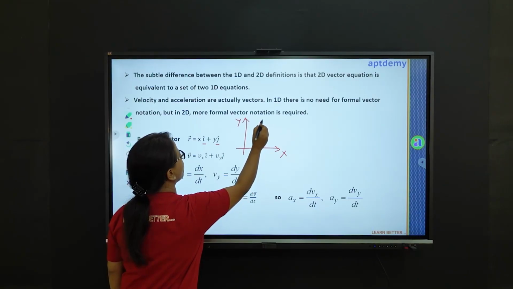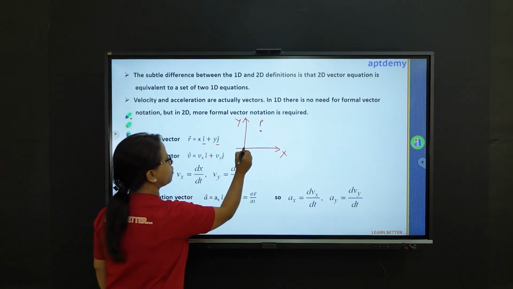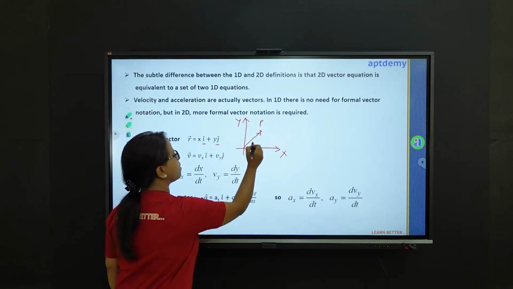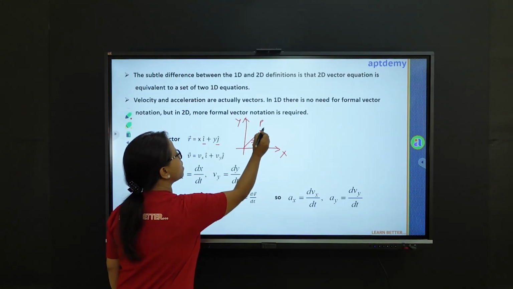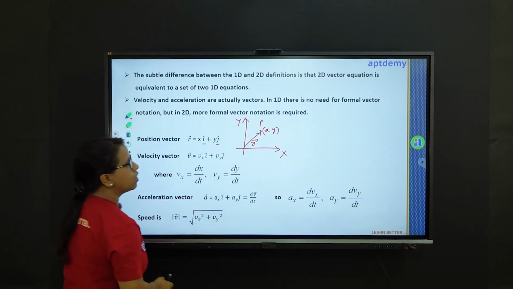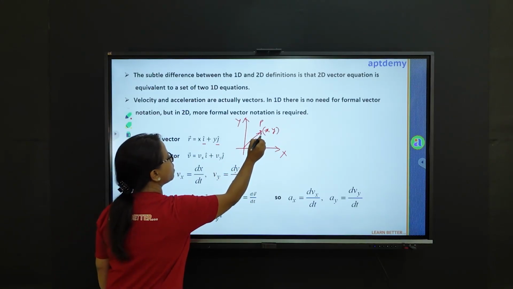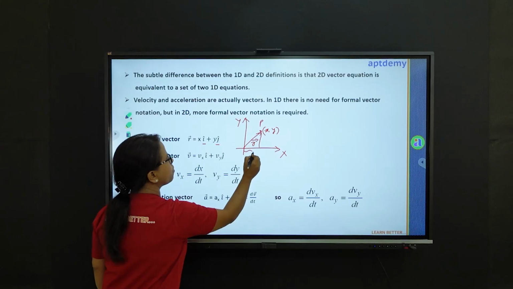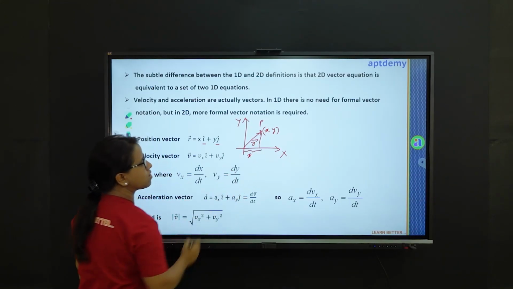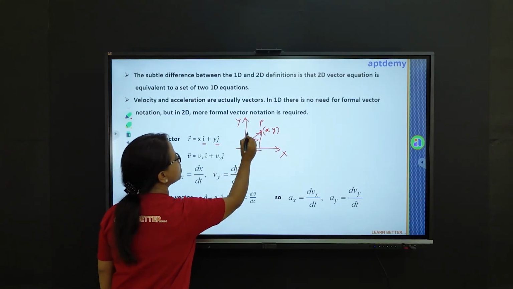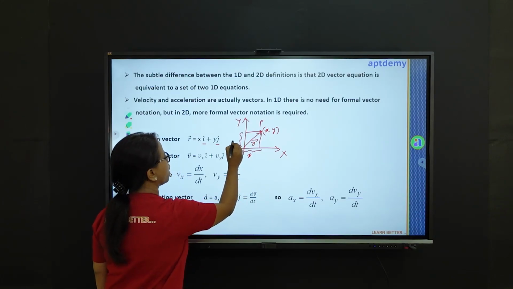We have a point at which we need to find out the position vector, that is given by vector r, say. The coordinates of this point are x and y, which means that when the particle is at point P, the horizontal distance covered is x, while the vertical distance covered is y.